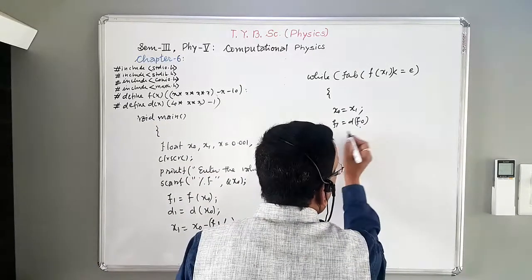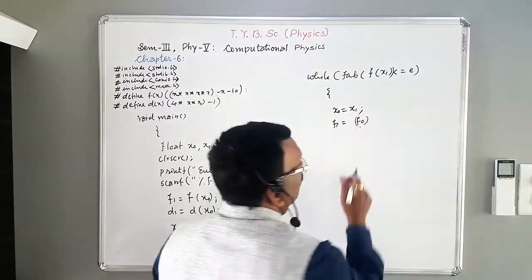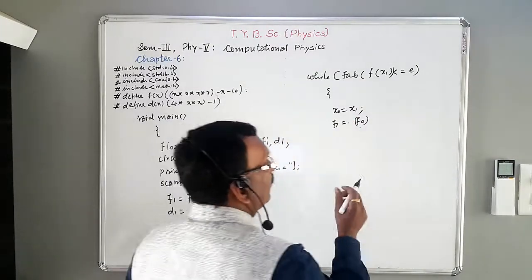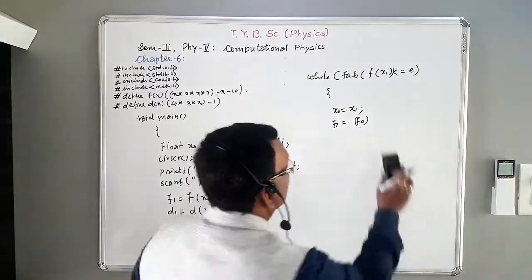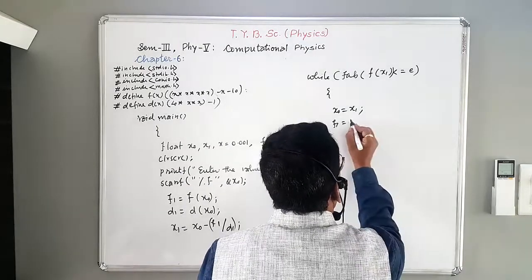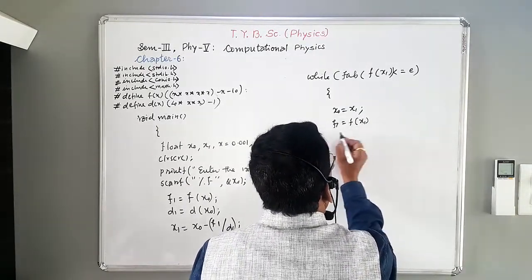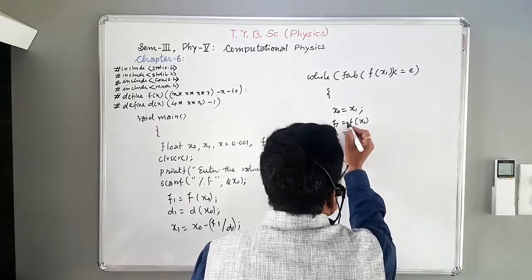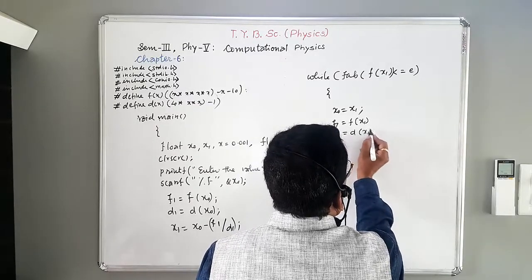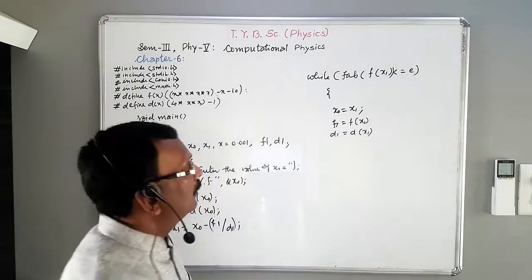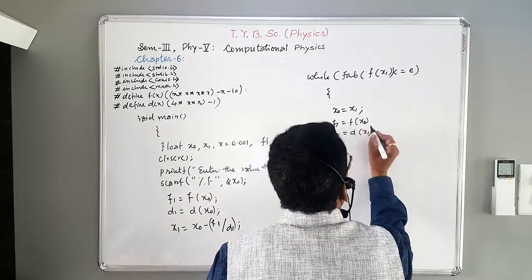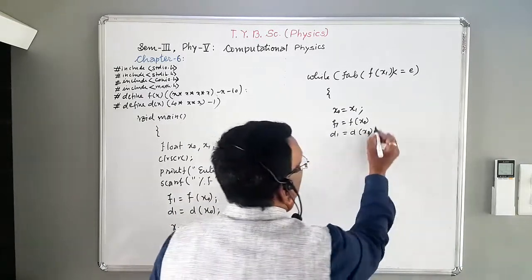Then this is the given function. Okay. Then d1 of this function, sorry, d of x0. Okay.